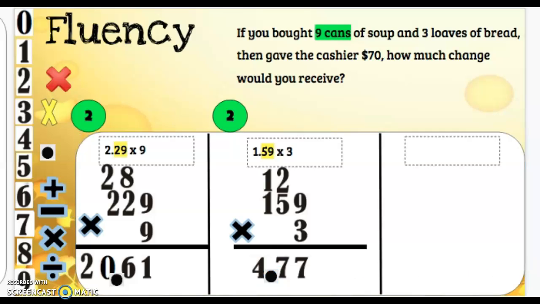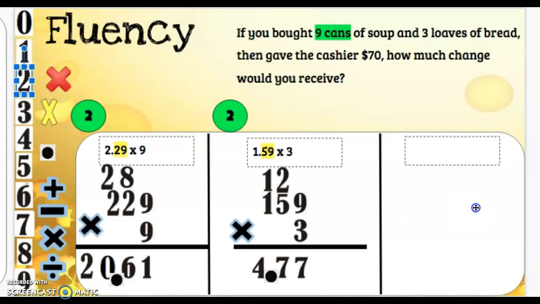So now here's the thing. I have figured out how much I spent on the soup, how much I spent on the bread, but I gave the clerk $70. I want to know how much this clerk is going to be giving me back. So I have to think, well, how much did I spend in all at this store? If I bought cans of soup for $20.61 and I bought bread for $4.77, to figure out how much I spent in all, I have to add those two up.